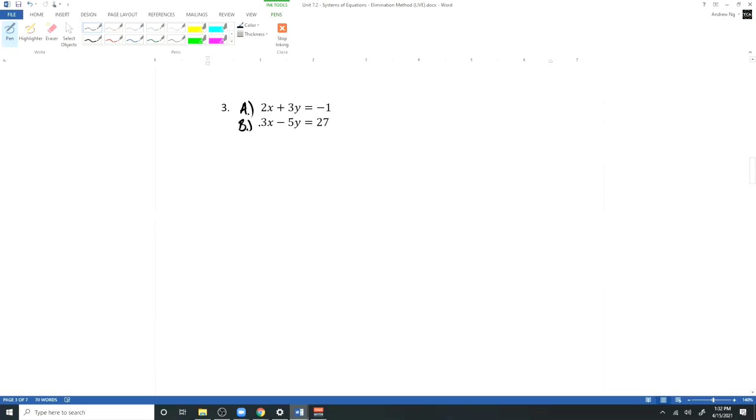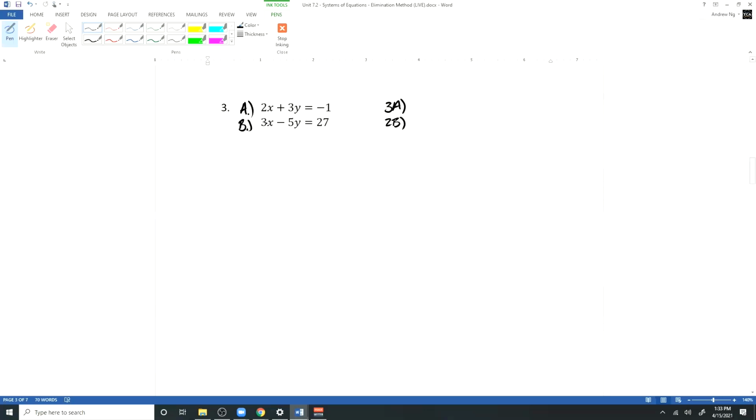What we could do is recognize that if I multiply equation A by 3, so I'll call this 3A, and equation B by 2, so we'll call that 2B, that should make it so that the coefficients on x are the same.